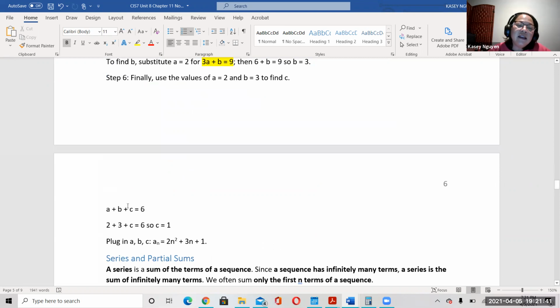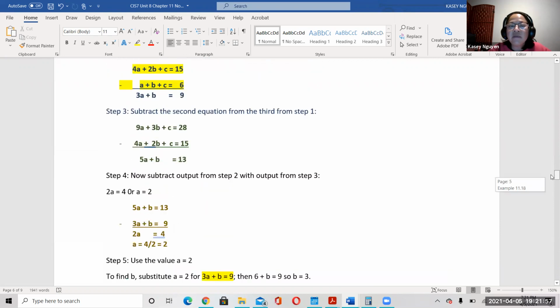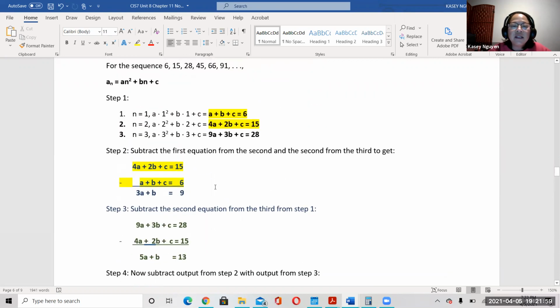So then I would plug in A, which is 2, B, which is 3, and C is not solved yet. So we have 2 plus 3 plus C is equal to 6. Where did I get this from? Well, if you look at coming backward to this step right here, right? We have ABC's, A plus B plus C is equal to 6.